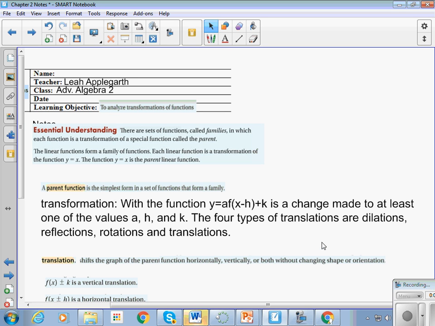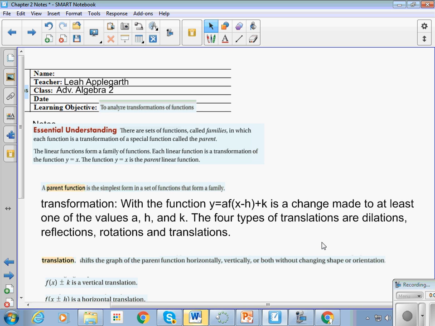The four types of transformations are dilations, reflections, rotations, and translations. So we are going to start transforming our functions either by multiplying, by replacing x with x minus h, or by adding a k value to the function.